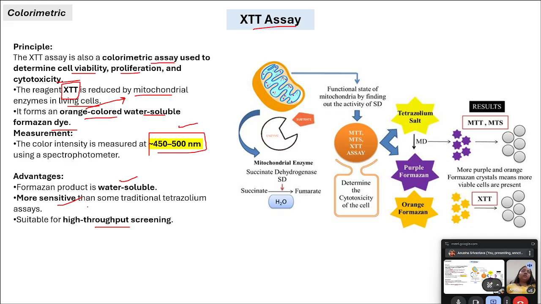For most of the colorimetric methods, the basic underlying principle is the same for all these methods. It's just slightly different. Now one more important aspect is the selection, like which method to select.